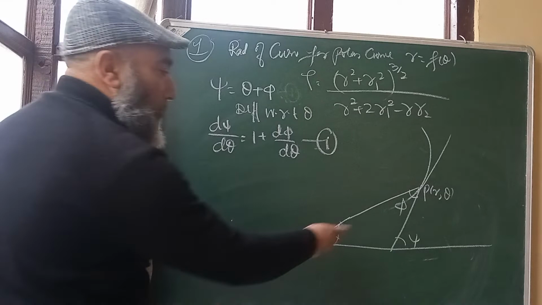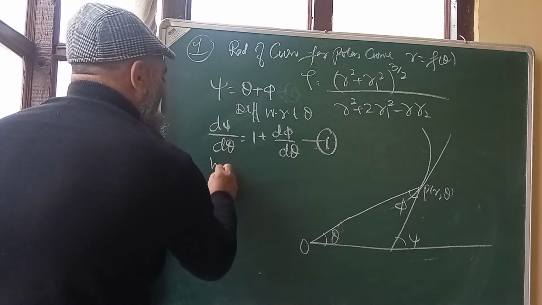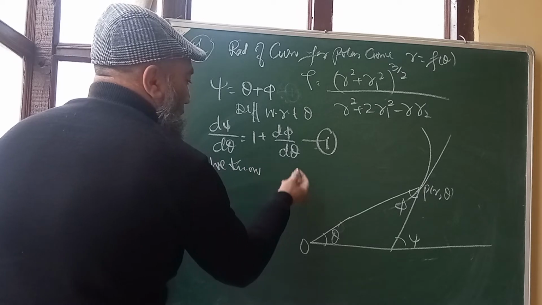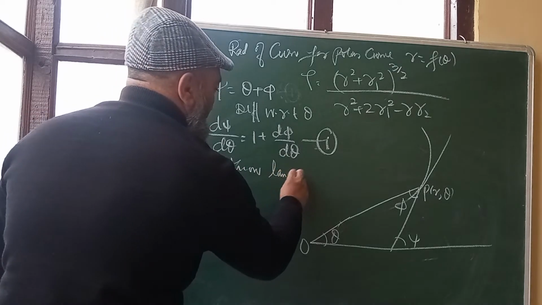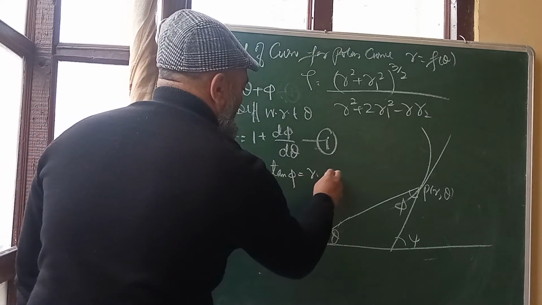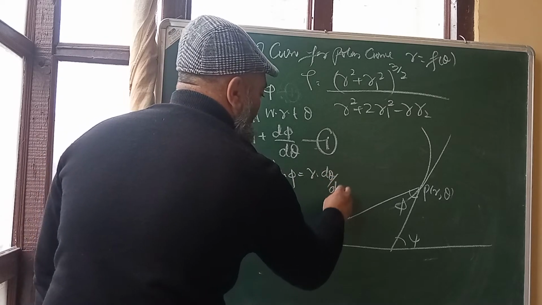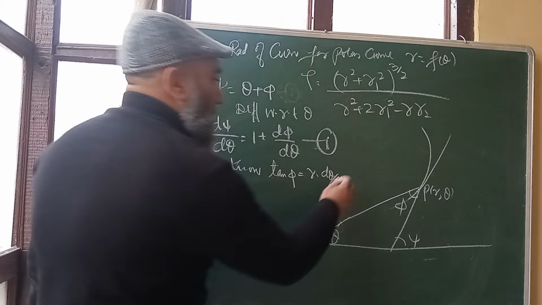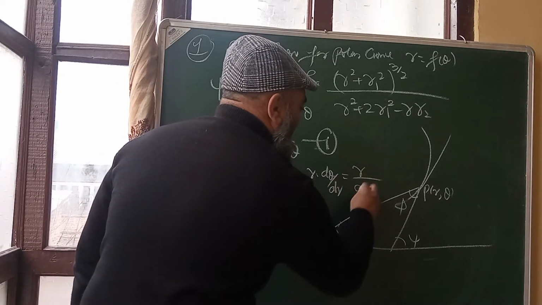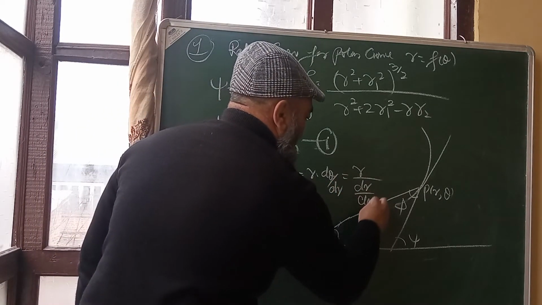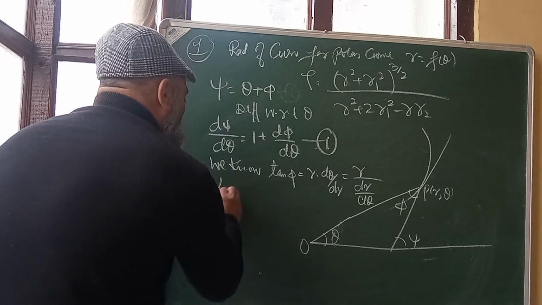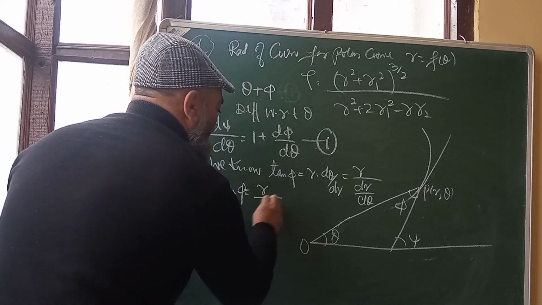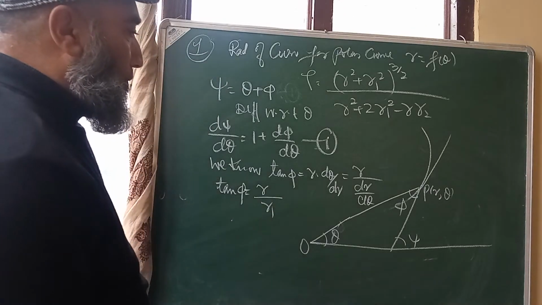We know from this figure, tan phi is r d theta by dr. This is known to us. This is r by dr by d theta. So tan phi is r by r1. Fine.